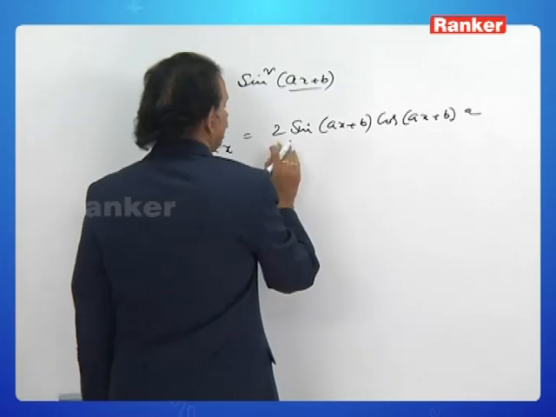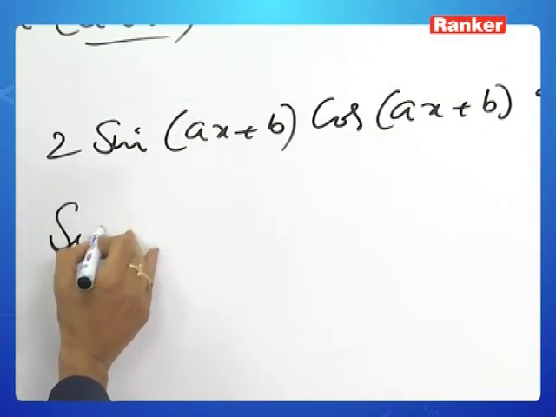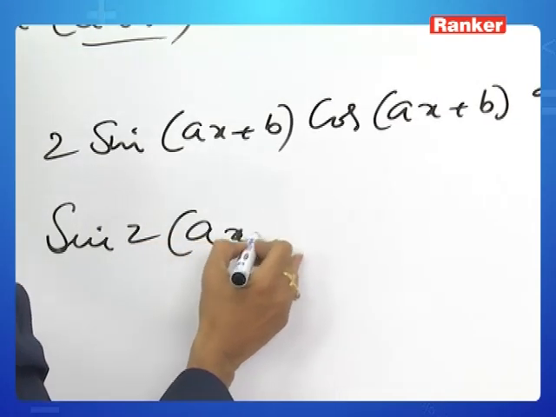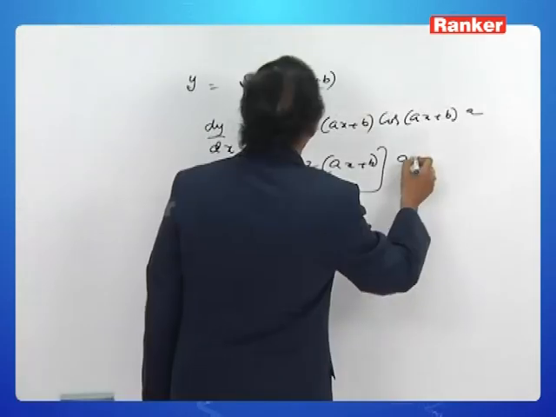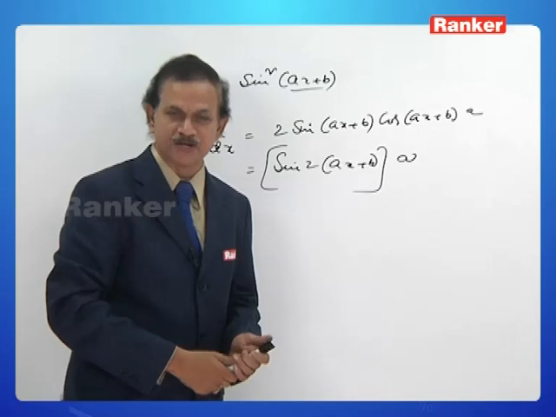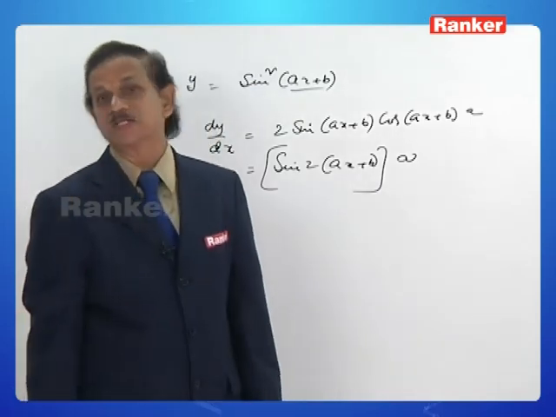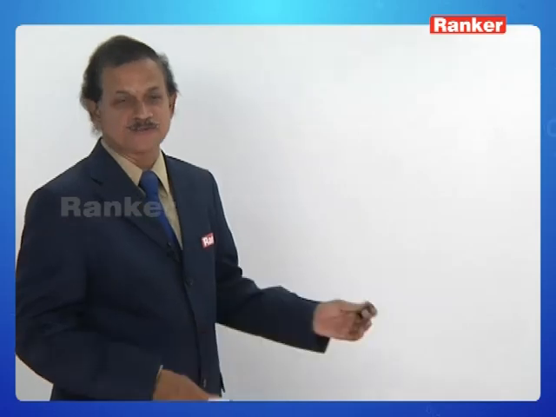Altogether, 2 sin theta cos theta is nothing but sine of 2 theta. That is the derivative: a sine of 2(ax plus b). This is another simple example of a function which looks like a function of a function. Next model, parametric differentiation.